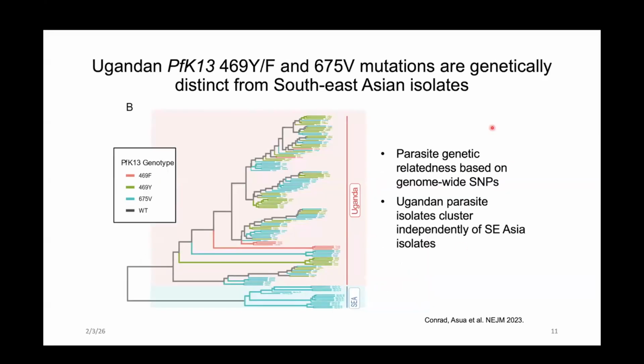Here we look at whether any of these parasites may have been imported by comparing them to parasites from Southeast Asia carrying the different K13 mutations. They all group independently from Southeast Asian parasite populations. Clearly, these are local emergences in Uganda rather than any sort of importation from where they were originally detected in Southeast Asia.